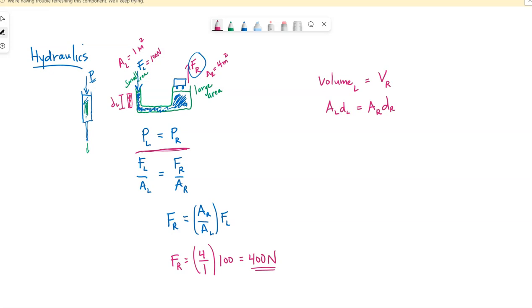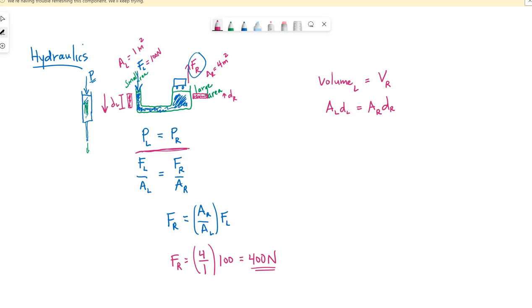But a column that is long but small area would equate to a larger area and a smaller length. So essentially, the piston on the left side would move much farther down compared to the distance the piston on the right would move upwards.